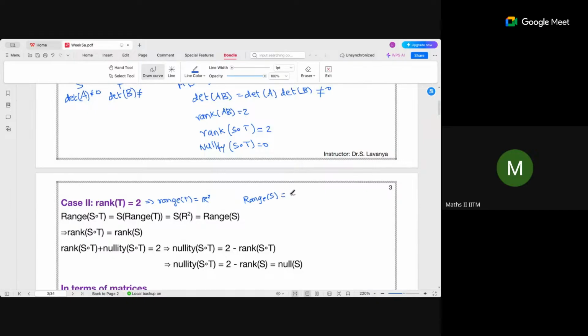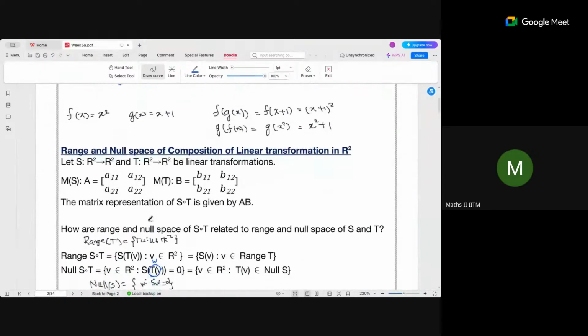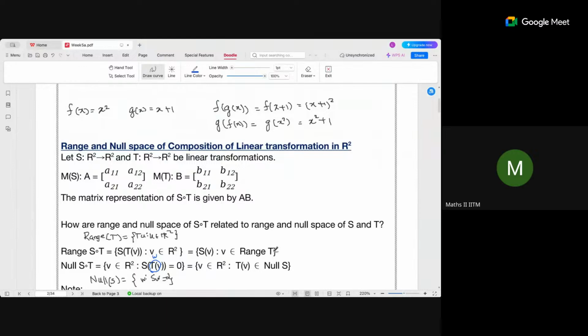By definition, it is the set of all S(v), v in R2, right? Okay, now what is range of S composition T? Range of S composition T we can write as S of range of T. Is that fine? Yes.